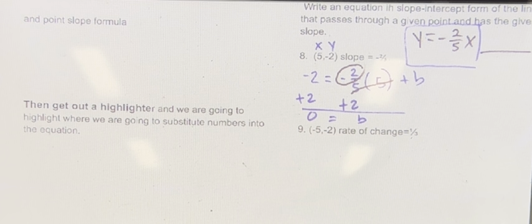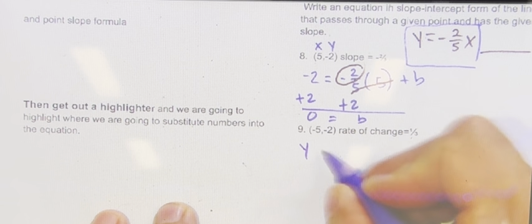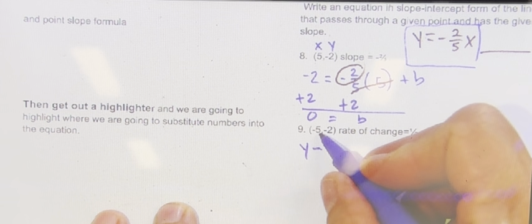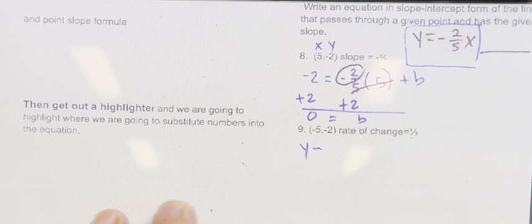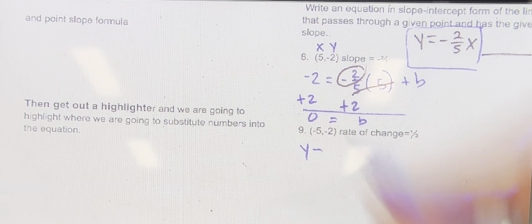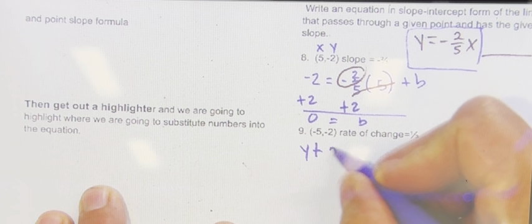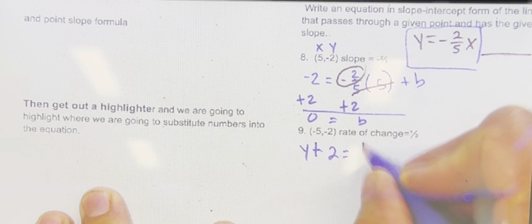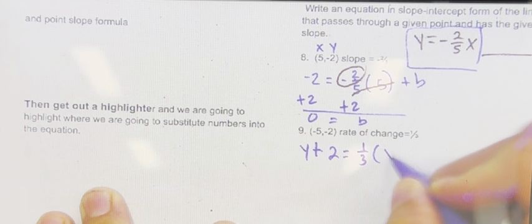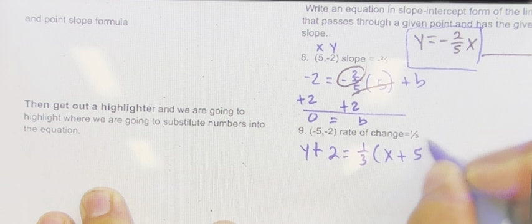Okay. Number 9. Y minus y1, so we have y, minus a negative number. So when you put two negatives in there, negative and negative get a positive. So y plus 2 equals my m 1/3 x plus 5.